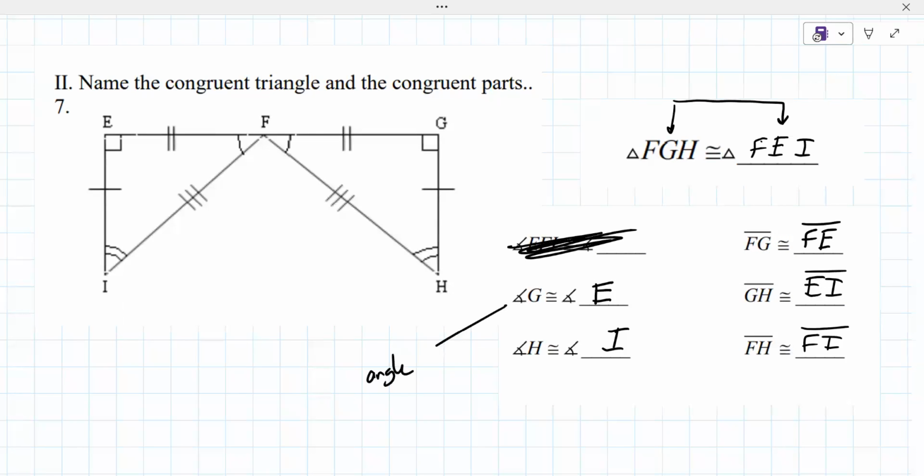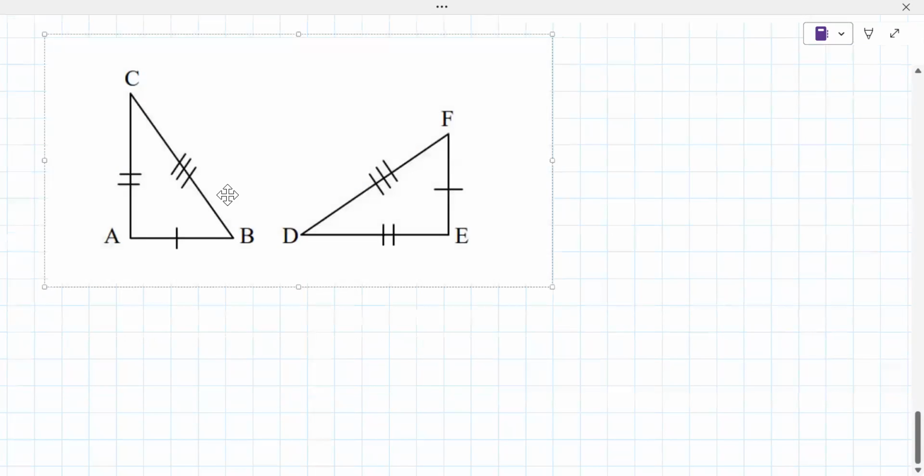All right, really good. I'm going to throw a few more in front of you and let's have you write. First thing I want you to write is the triangle congruence. So basically you're going to say triangle something, something, something is congruent to triangle something, something, something. Okay.